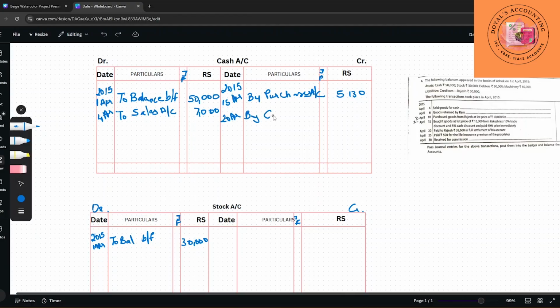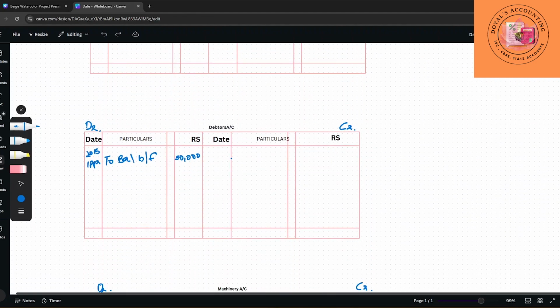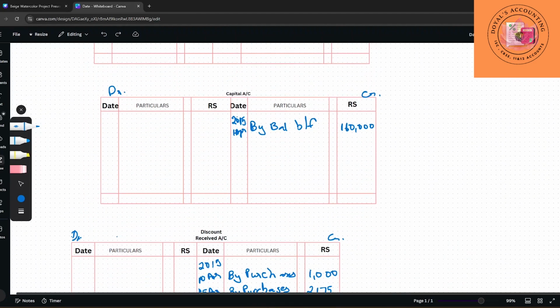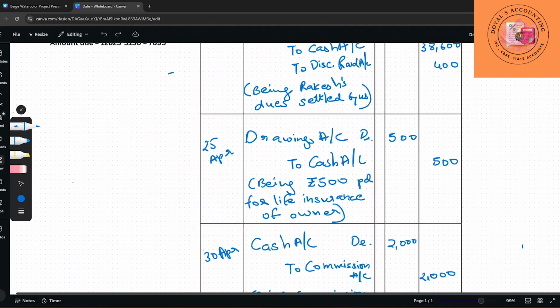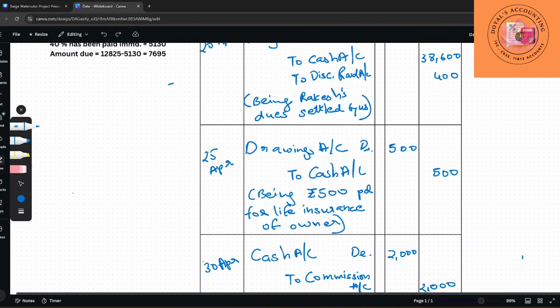By creditors account Rakesh 38,600. So this entry will be posted in 3 accounts: one in my cash account, in my creditors account, and in my discount received account. Let's go and see the next entry.